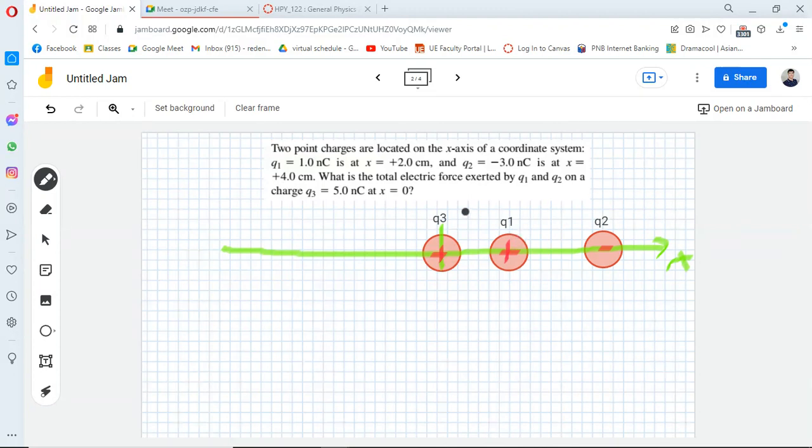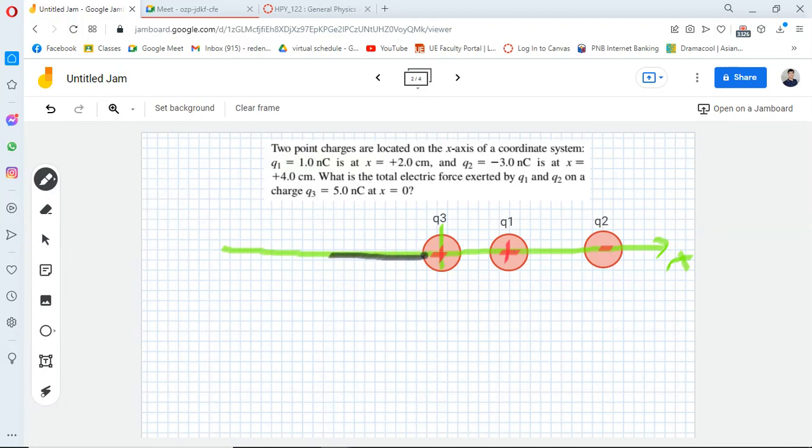Okay? So, tingnan muna natin yung kay Q3 at Q1. Pareho silang positive. Tama? Therefore, ang tendency is that si Q3 magre-repel siya kay Q1. Tama, no? So, magkakaroon siya ng repulsive force dahil sa presence ni Q1. Gusto niyang lumayo kay Q1.